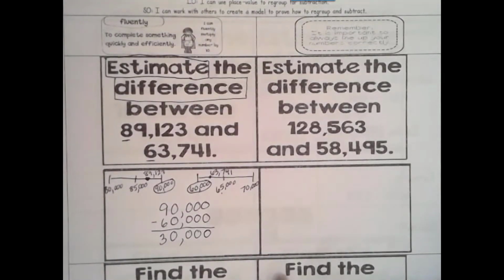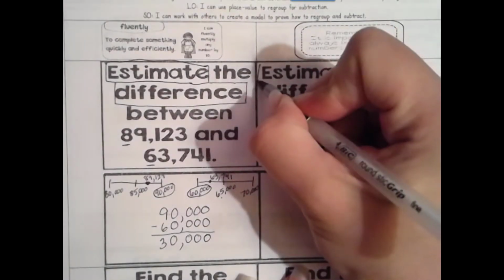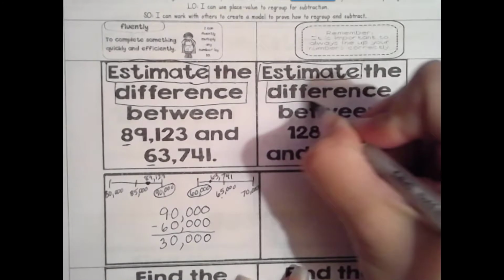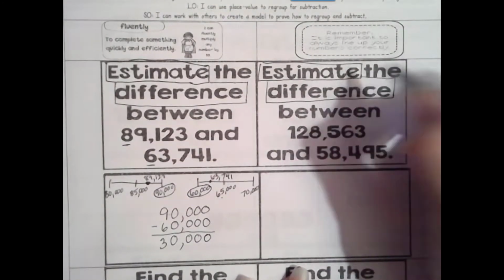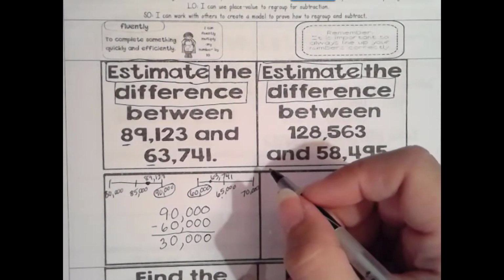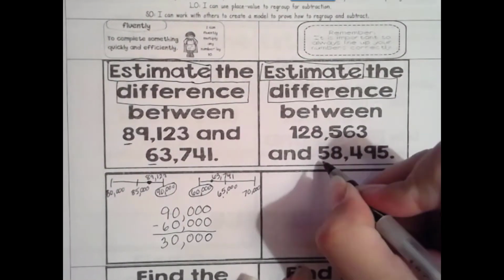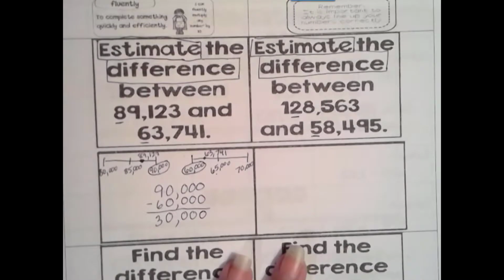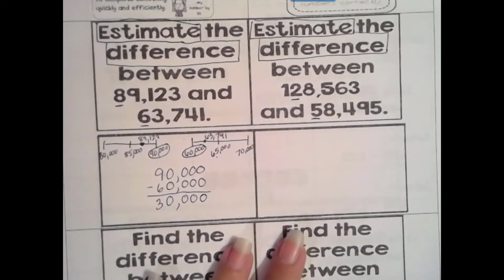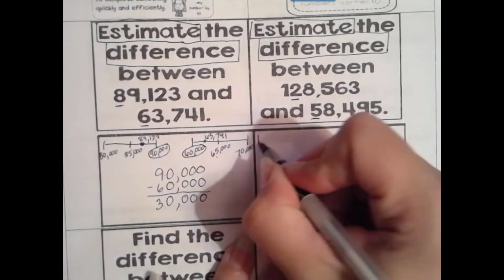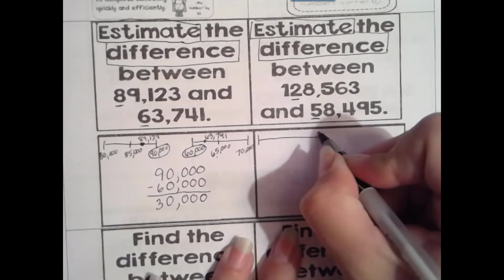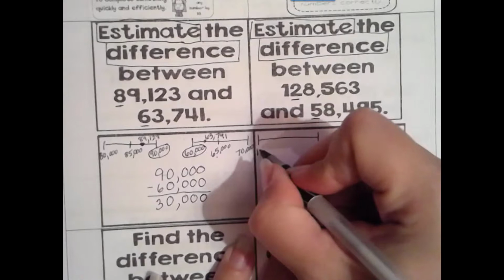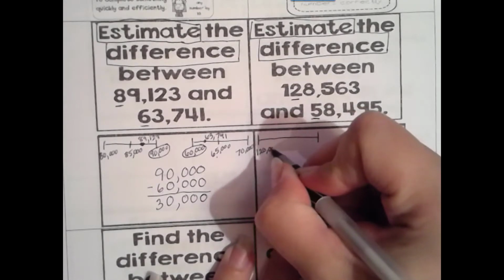Now for this one, we're going to estimate the difference again. So estimating, we round the numbers either to the largest place or the same place. This time I'm going to do the same place since they don't have the same largest place. And then we do the operation. So here we're going between 120,000.